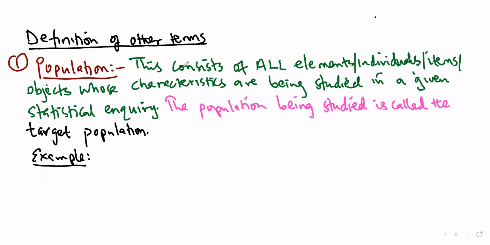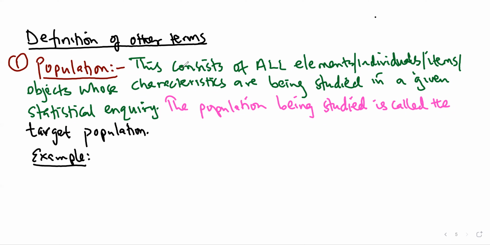So the first of the other terms that we're going to look at is the term population. The definition of this term is quite similar to the definition of the universal set, where the universal set is a set that contains all the elements or individuals or items or objects that we are interested in.